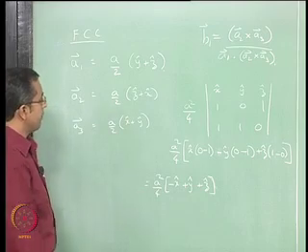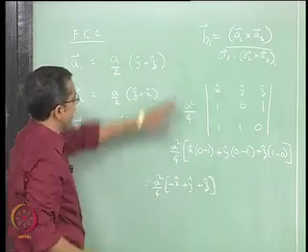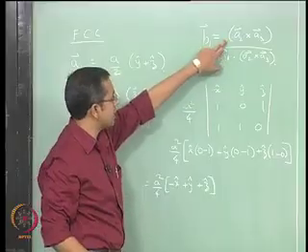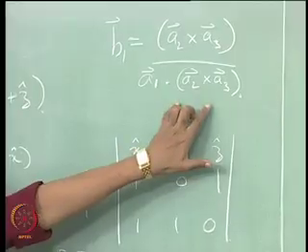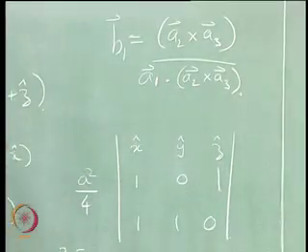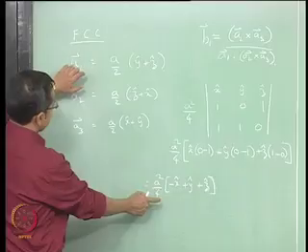Now we already have the numerator. The denominator is simply this same a2 cross a3 dot a1, so it is the dot product of this and a1.